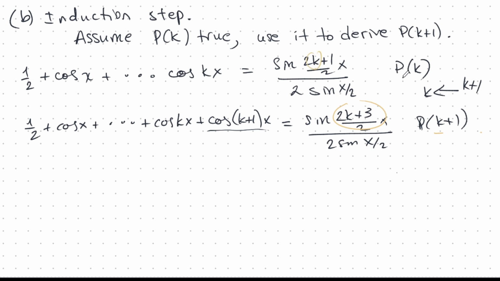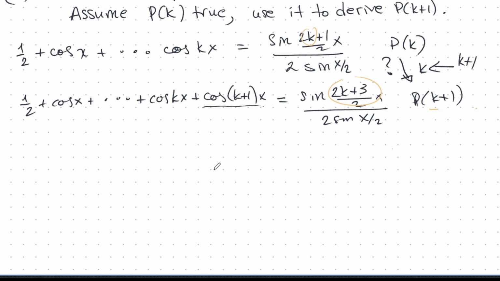So from P(k), am I able to get P(k+1)? Well, the obvious thing to do would be to add this term to both sides. So I start with P(k), and then I add cos((k+1)x) to both sides, like so.